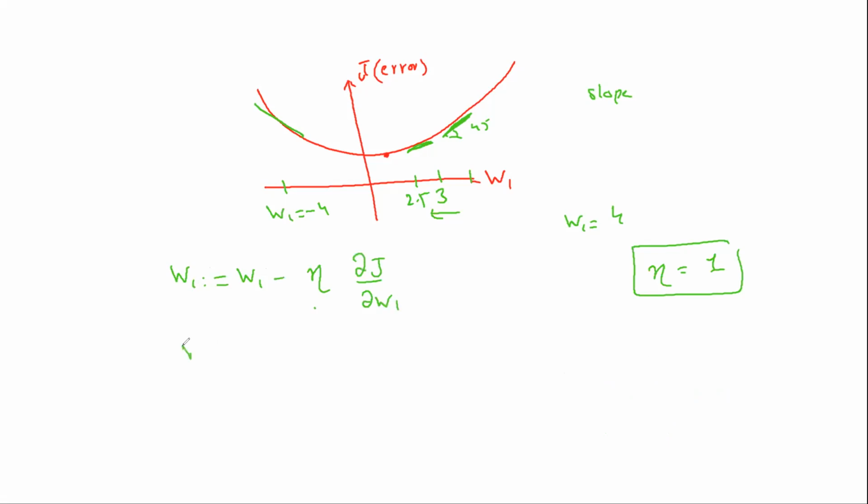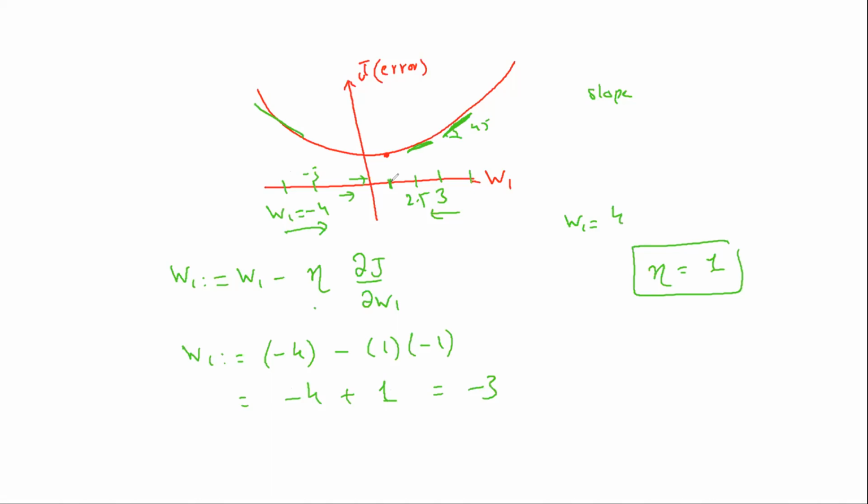The new value of W1 is -4 minus learning rate, which is 1, times the slope. Now you see this line is like this, so it has a negative slope. Maybe the slope is -1, -1.5, whatever you want to call it. I call it -1. So it will be -4 plus 1, and it would be -3. So -3 would be some point here. Again you see, if I choose a point here, this expression is taking me towards my target. My target is actually this point.